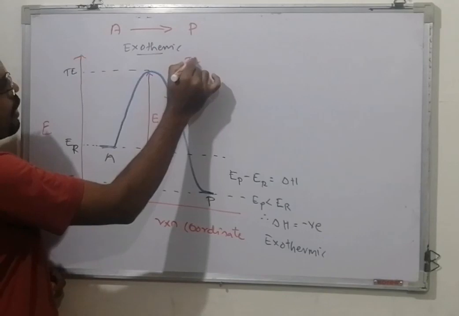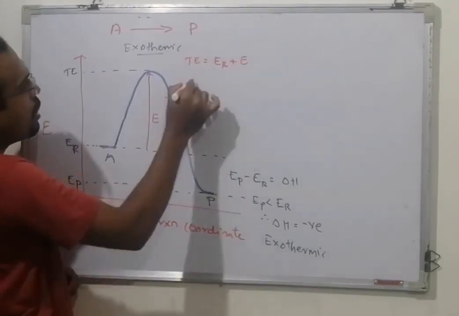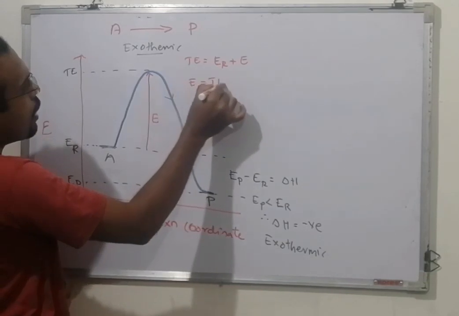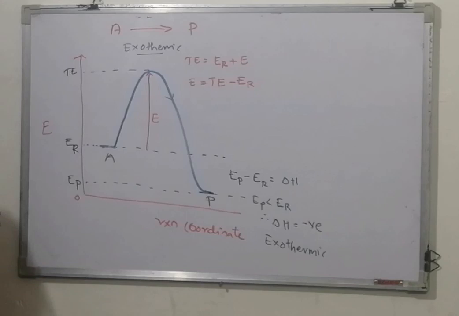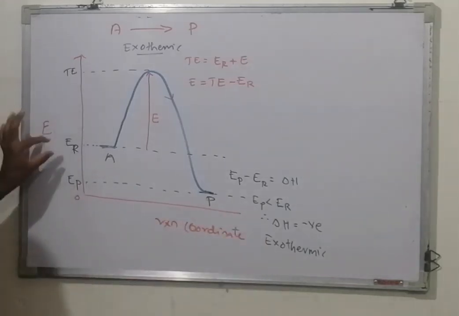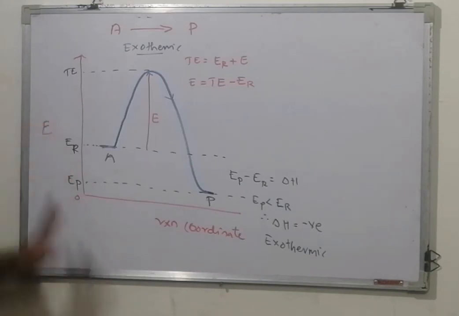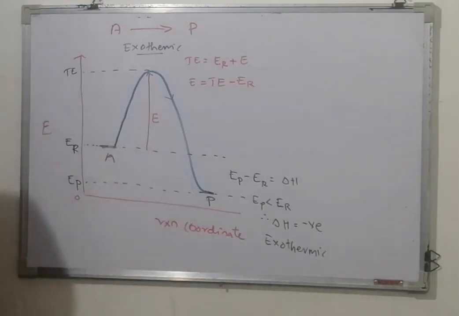Therefore, TE is equal to ER plus activation energy, or activation energy is equal to TE minus ER. And if you remember, delta H of the reaction is EP minus ER, and it will be negative for exothermic reaction.